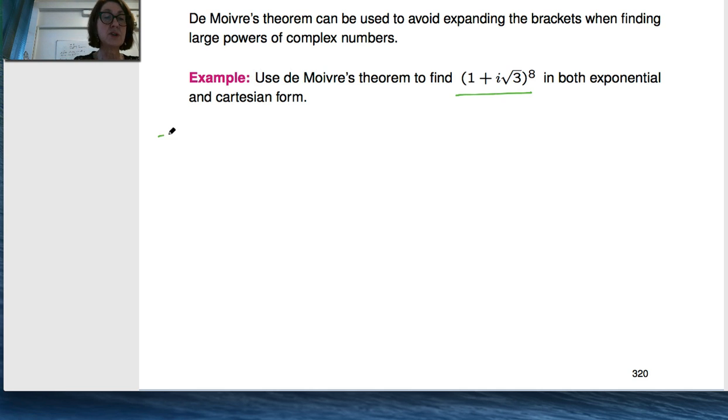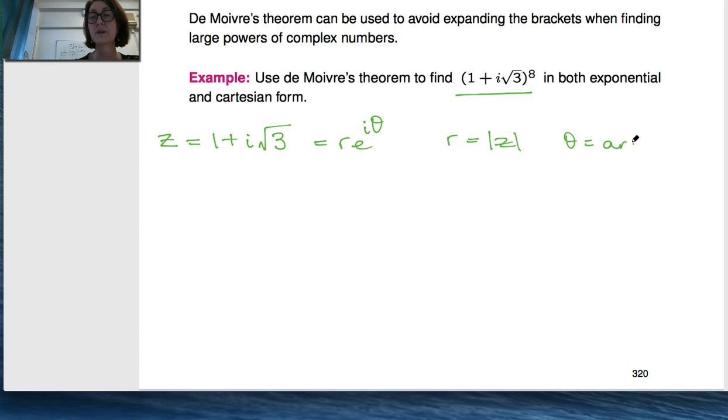So the first thing I have to do is write z in complex polar form. And so I have to write this as r e to the i theta, where r is equal to the modulus of z and theta is equal to the argument of z.